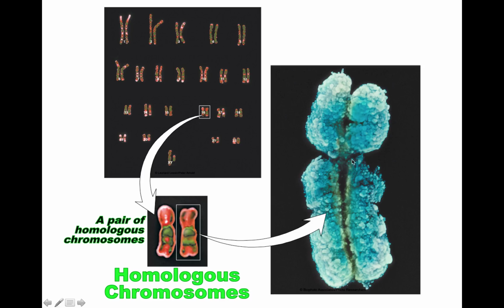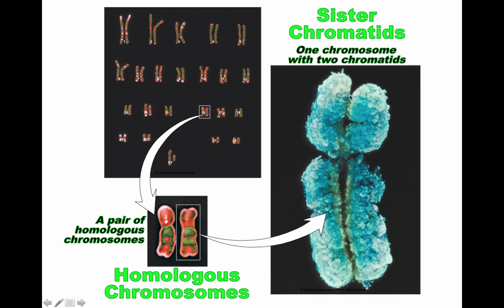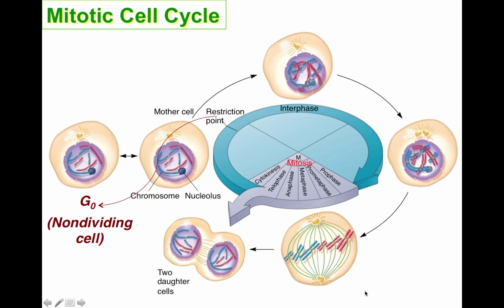They're not just held together at the centromere as is usually depicted, but in fact they are tightly juxtaposed to each other by a complex set of proteins. Sister chromatids are attached to each other at this phase, and this is one single chromosome with two chromatids.